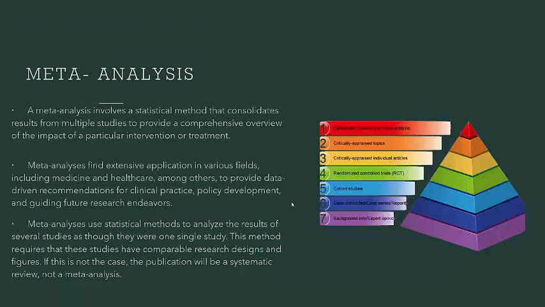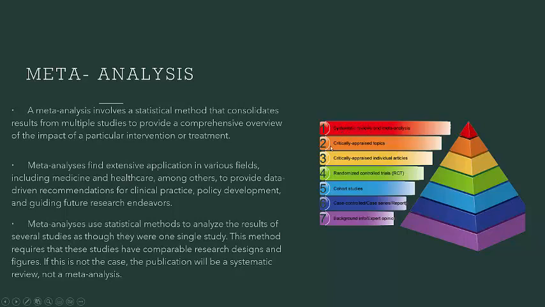We all know that a meta-analysis involves a statistical method that consolidates results from multiple studies to provide a comprehensive overview of the impact of a particular intervention or treatment. When we look at the level of evidence, systematic reviews and meta-analyses are at the top level of evidence.